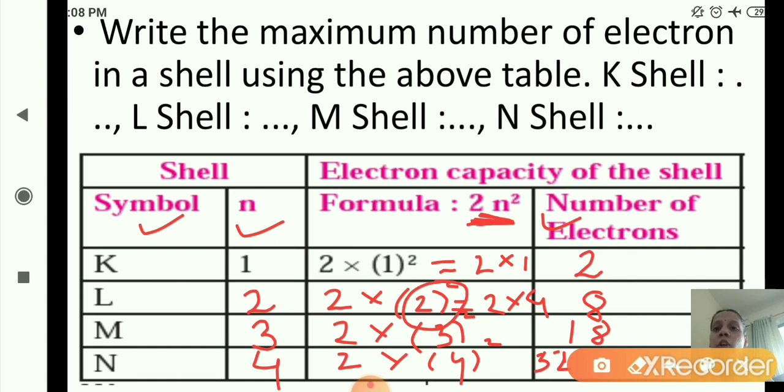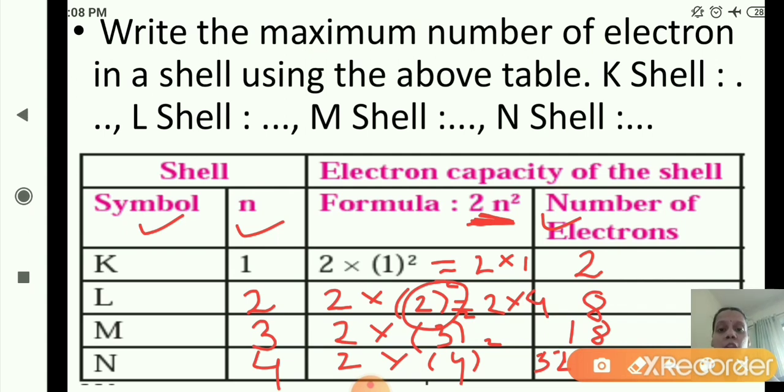So these are the maximum number of electrons in a shell. The number of electrons in K shell is 2, L shell 8, M shell 18 and N shell is 32. Okay, once again we will revise this table. Shells, the symbols and the n is given. N means the ordinal number.